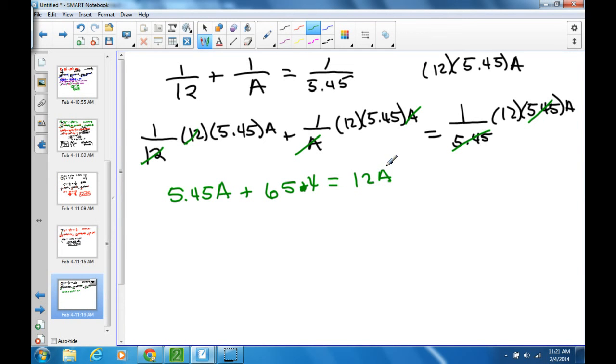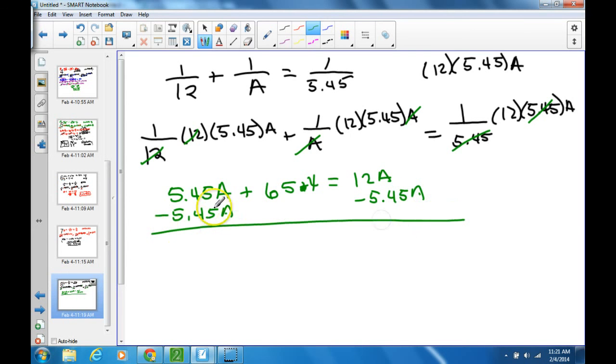Yep, you're going to subtract. I would take the 5.45 from both sides. That way we just have a positive A. You could do it the other way too. Okay? And when we do that, we have 65.4 equals 6.55A. Now what?